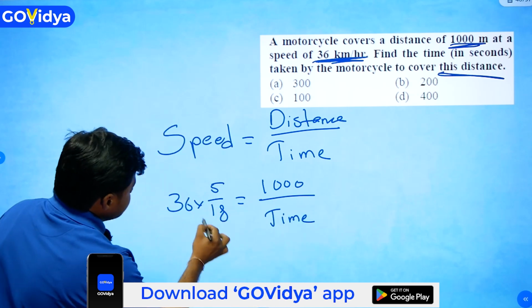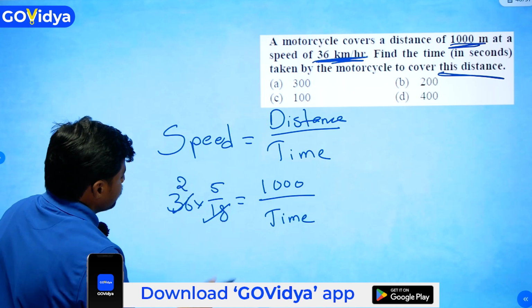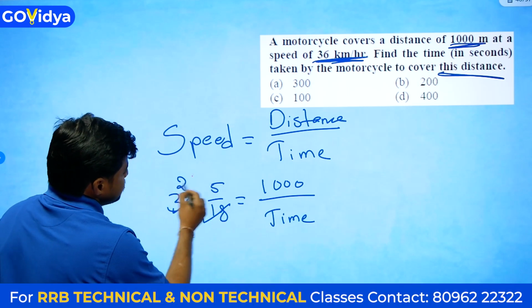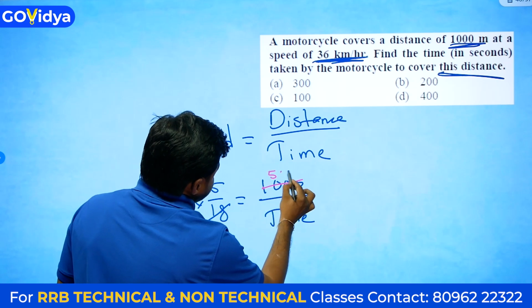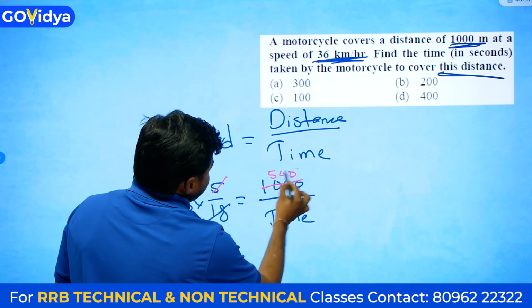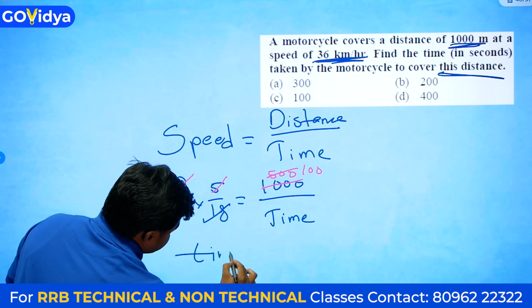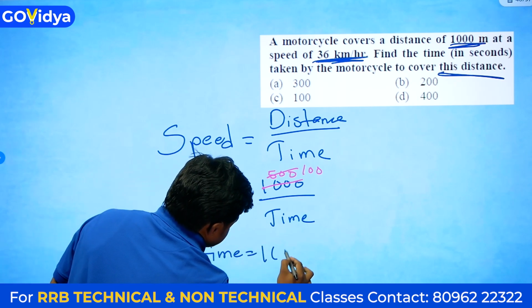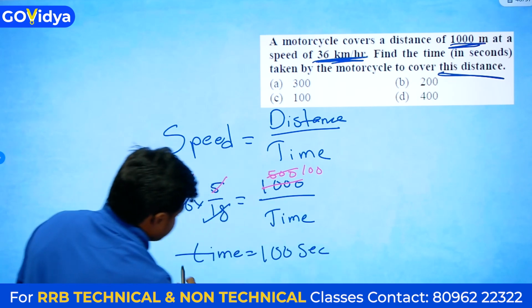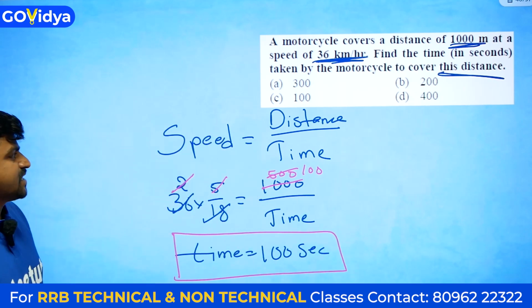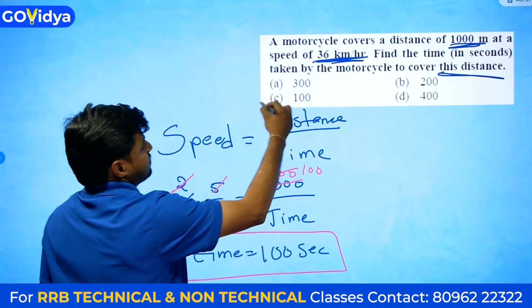Okay, 18 1 ja, 18 2 ja. Okay, 5 into 2 10. Okay, 2 1 ja 2, 500 ja, 5 1 ja 500 ja. Okay, time is equal to 100 seconds. From the options, option C is the correct answer.